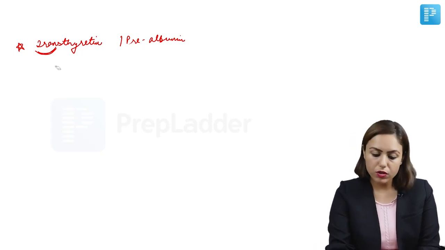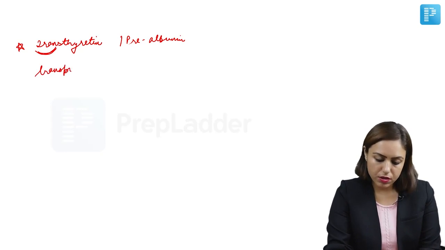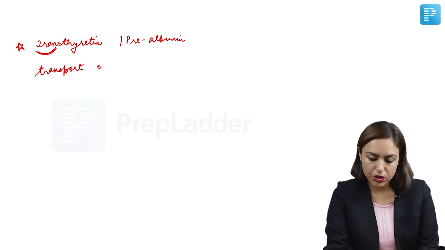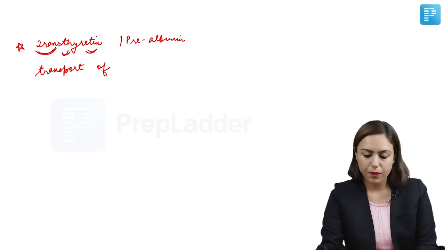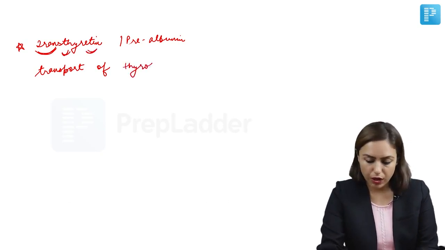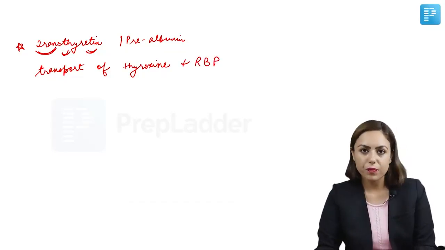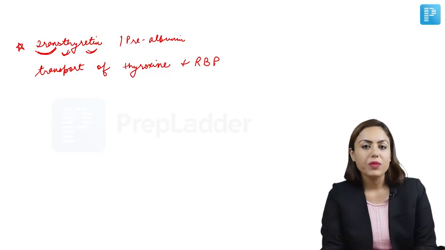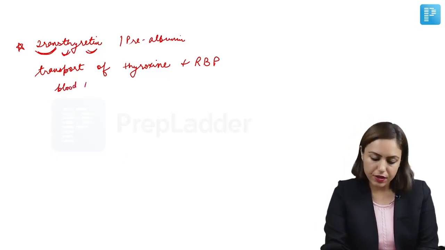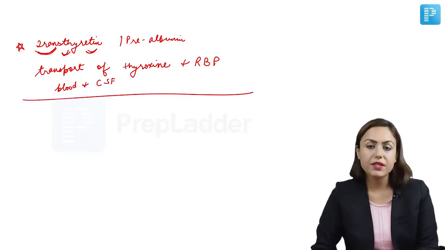So it is doing transport of, as written in the name, because it is helping in the transport of thyroxine hormone and retinol binding protein, right? That's why the name, transthyretin. Okay. And this protein is present in blood as well as CSF.